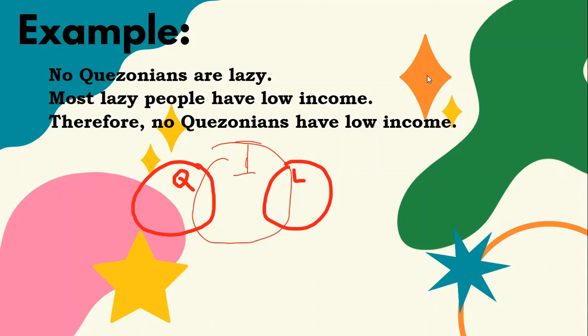Itong part na to ay yung sinasabi natin na minor premise natin that some lazy people have low income. So, ibig sabihin, itong natitira natin, sila yung hindi mga lazy people.